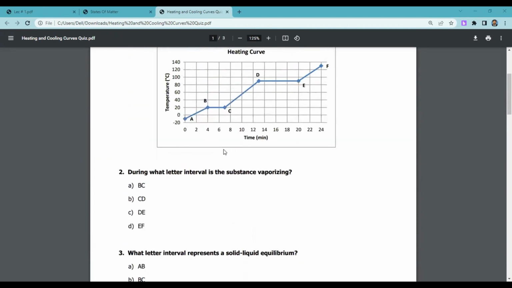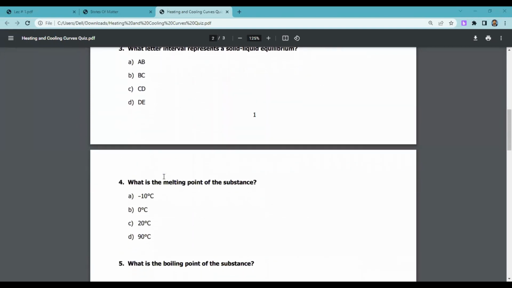You can see that the substance starts melting at a temperature of 20 degrees centigrade and the temperature remains constant until all the solid gets converted into a liquid. It means that the melting point of the substance is 20 degrees centigrade.